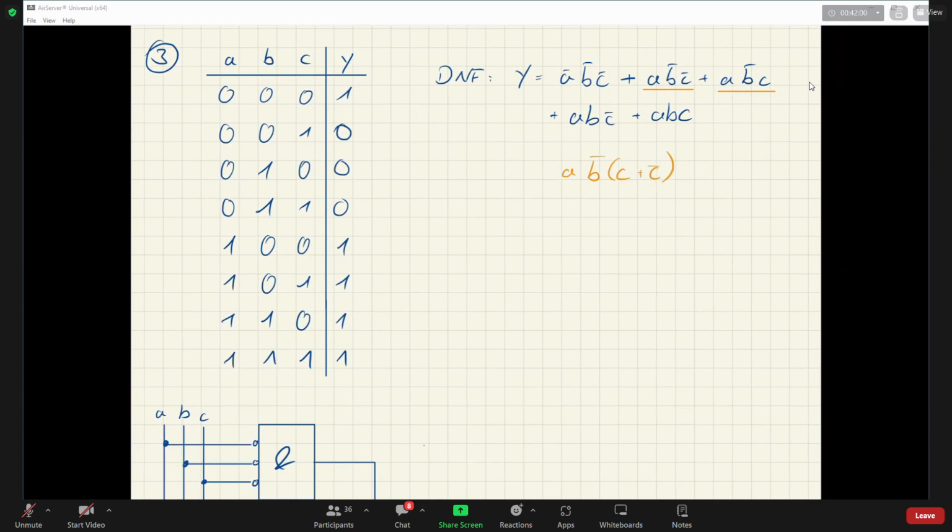Here we have A, B, C naught and A, B, C. So we can write here A, B, (C naught or C). And the remaining is the A naught, B naught, C naught. So only one bit is changing. Theoretically, you can also combine these two, for example, to B naught, C naught, (A or A naught).